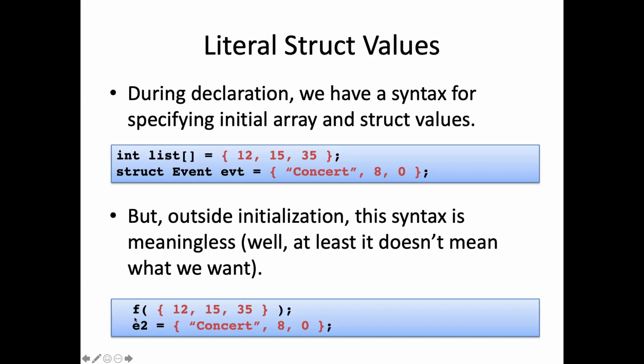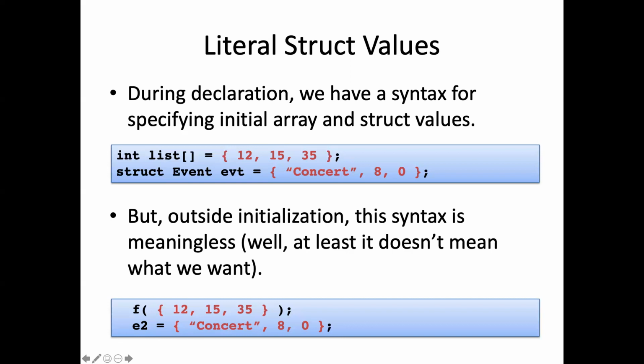What I mean is down at the bottom. Here, you can't just call a function and say, make this array and pass it to the function. Now, that's the same syntax I've got up here. It only works when you're initializing a new array. Same thing with the struct. This sequence of values inside curly brackets only works when you're making a new struct. So even if E2 is another event, after you've already made it, if you're not initializing E2, you can't just say, oh, make me a struct with this stuff in it.